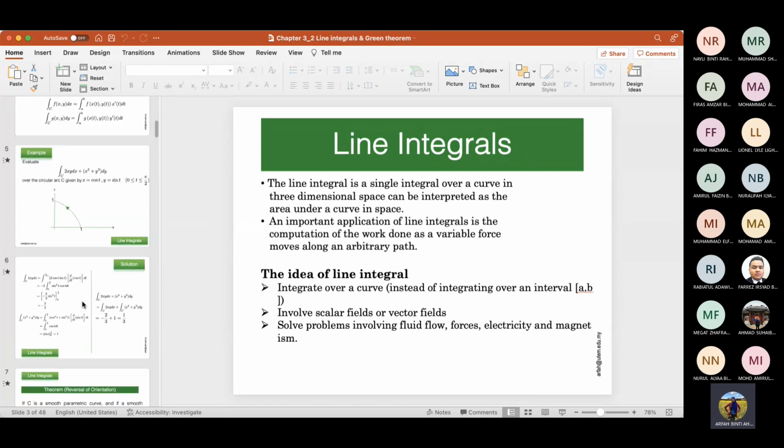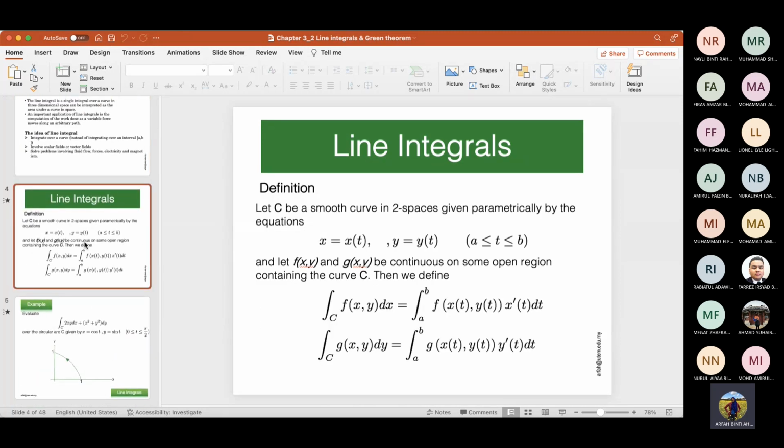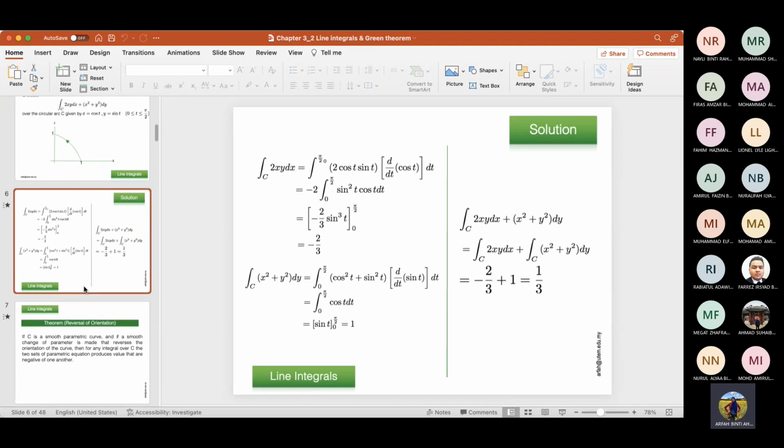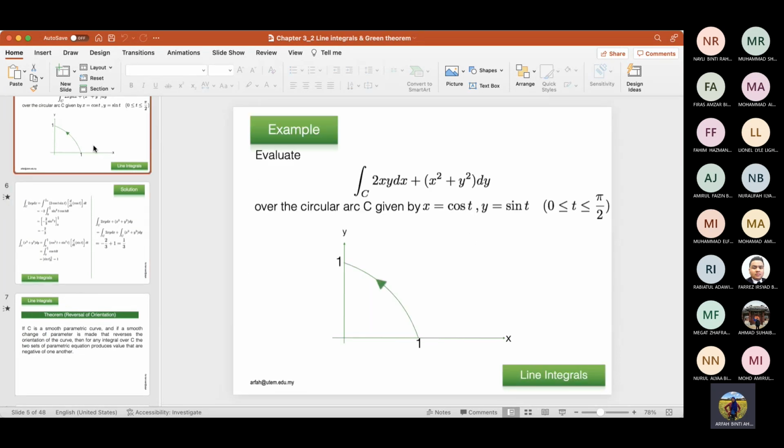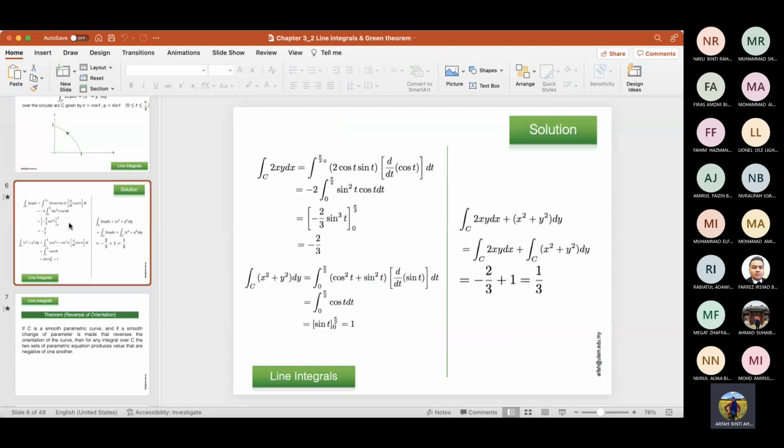Kita dah tengok, go through this example, the line integral, how you are going to find the parametric equation, the integration over the curve C for the vector function. Okay. And then we have also gone through this exercise. If your curve goes from downward to upward, it will be anti-clockwise, so you are going to have a positive value for the integration on the given curve.